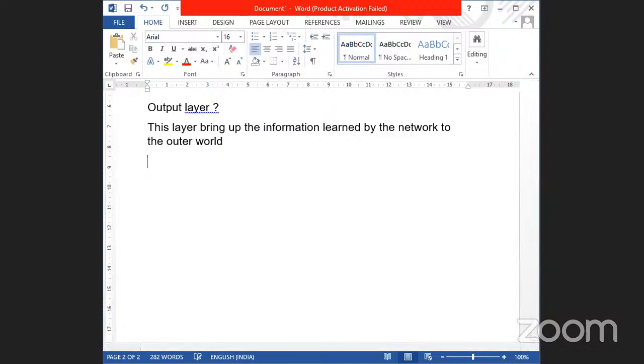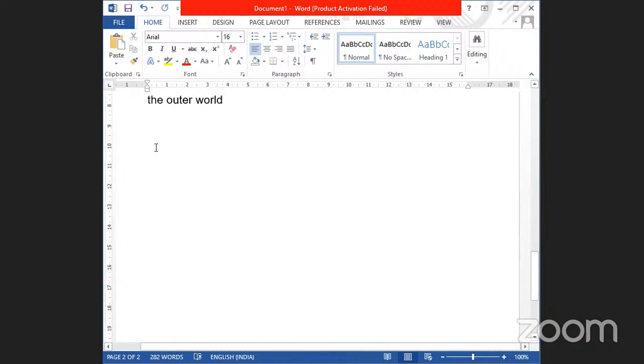Our next question is, what is an activation function and why use them?